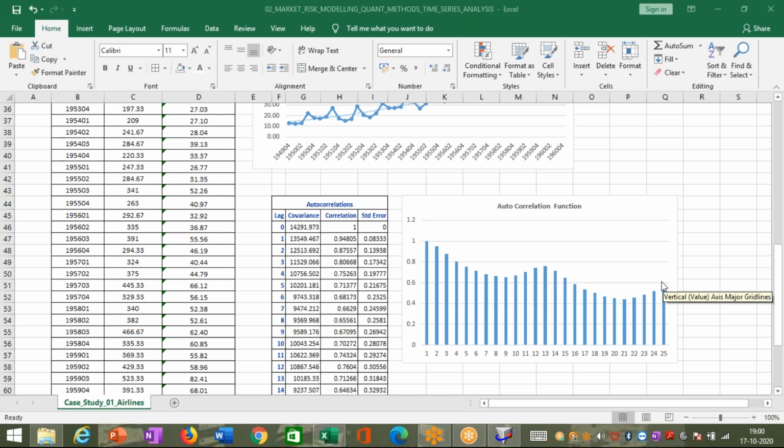So every time you see that it keeps on spiking up, right? So the very fact that it is spiking up at regular intervals shows that yes, there is some kind of behavior that we have over here.